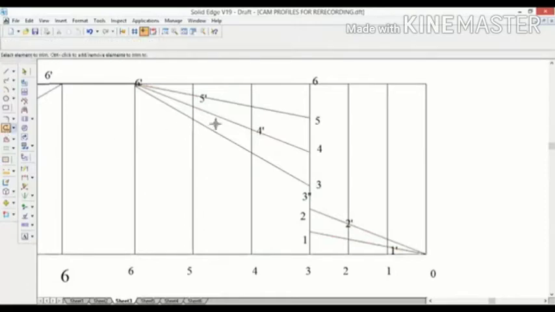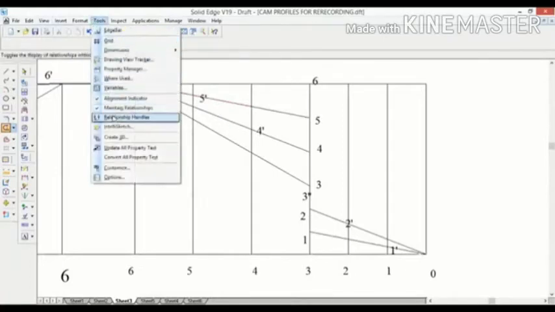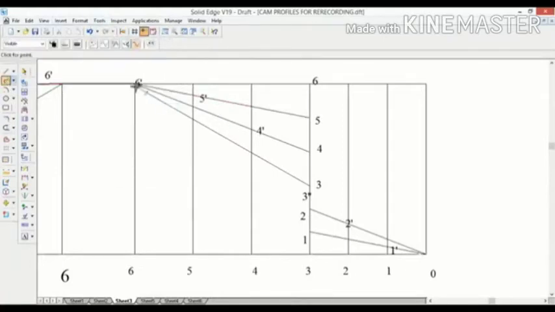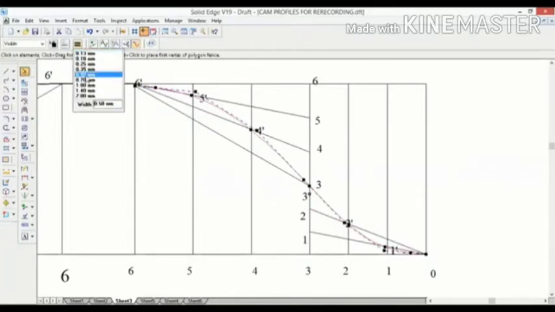For my convenience, I will trim the 5 dash line we got here, 4 dash we got. Okay, I take curve 6, 5 dash, 4 dash, 3 dash, 2 dash, 1 dash and 0. So this should be thick enough. This is the profile of the cam.